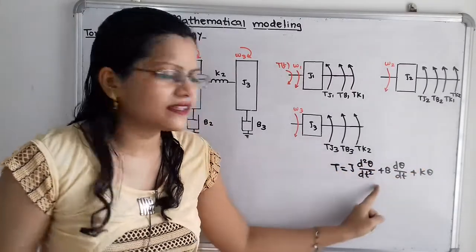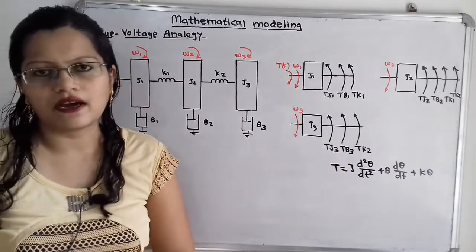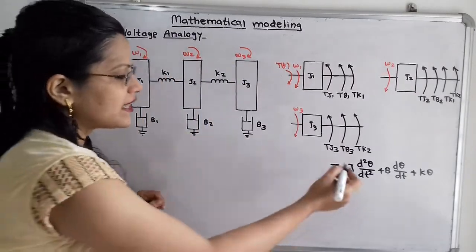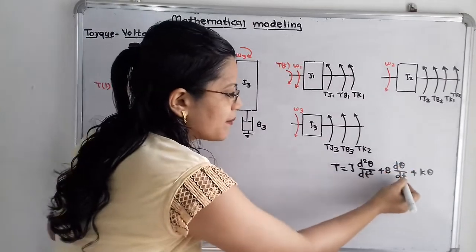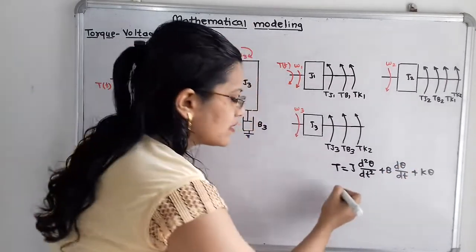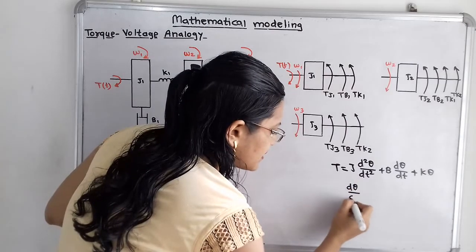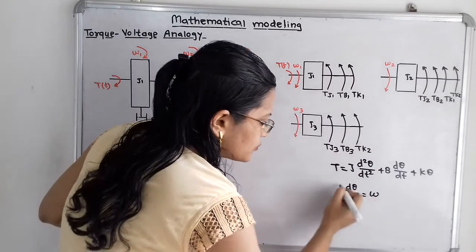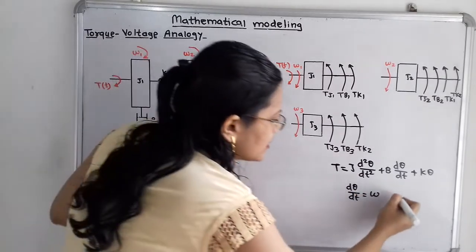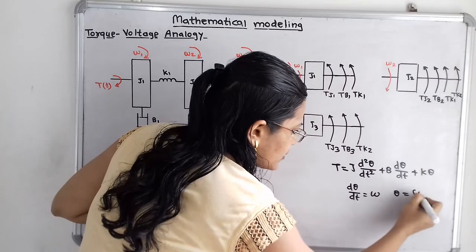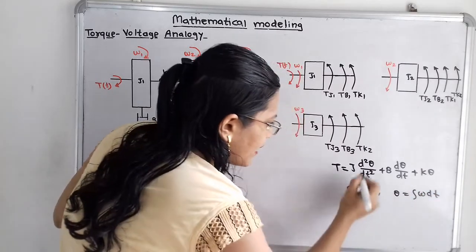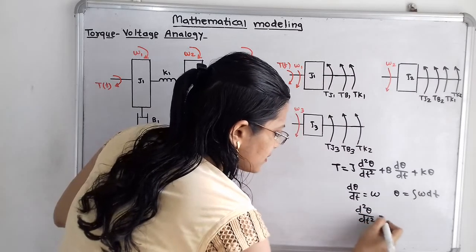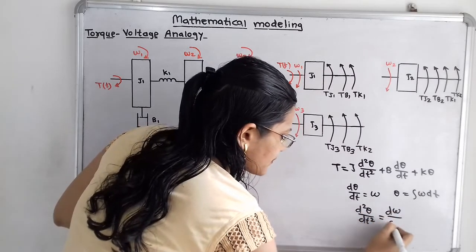Now we have to write this equation in terms of omega, because omega is output, that is given. So we know that d theta by dt is nothing but omega. I will write d theta by dt is equal to omega. So how can I take this theta? Suppose I take integration on both sides, then I will get theta is equal to integration of omega dt, and d square theta by dt square is nothing but d omega by dt.